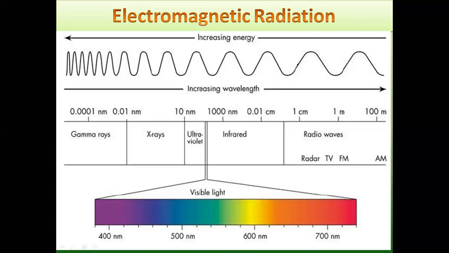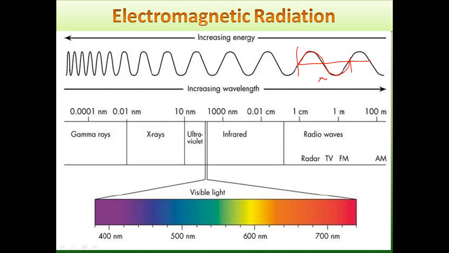If this wave starts from this point and propagates in this direction, this is the crest and this is the trough. So the distance from this point to this one is known as the wavelength. At this end of the electromagnetic radiation, the wavelength is larger, the distance is larger.